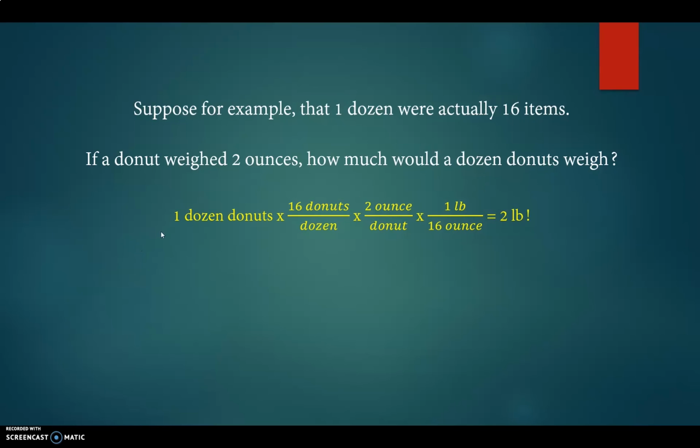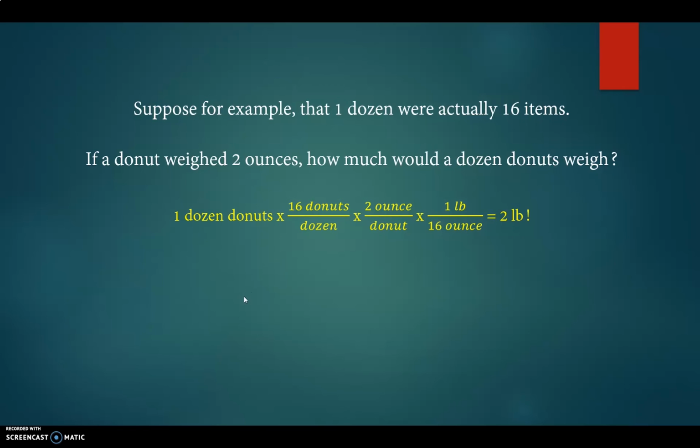So we start out with our 1 dozen donuts, and then we multiply it by the number of donuts in a dozen, at least for our illustration here. We can then, using the weight of each donut, figure out how many ounces of donuts we have, and finally we can convert that to pounds, and amazingly enough, a dozen donuts weighed 2 pounds, and a single donut weighed 2 ounces.